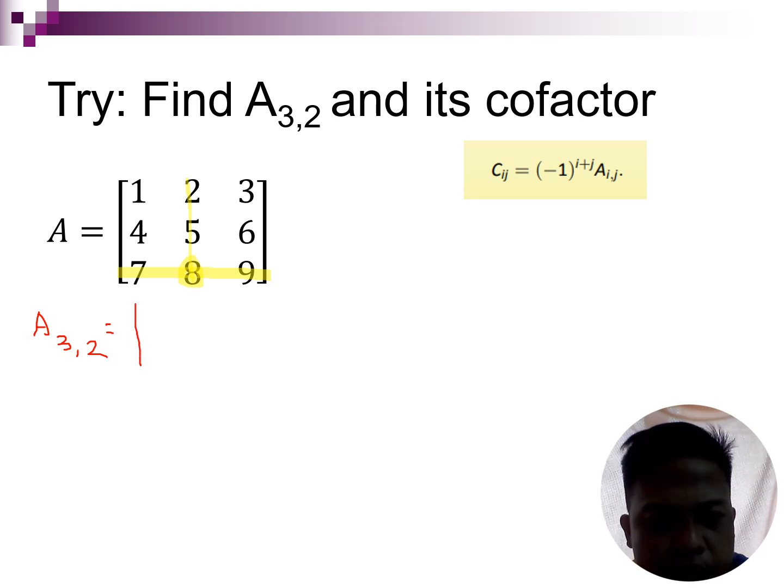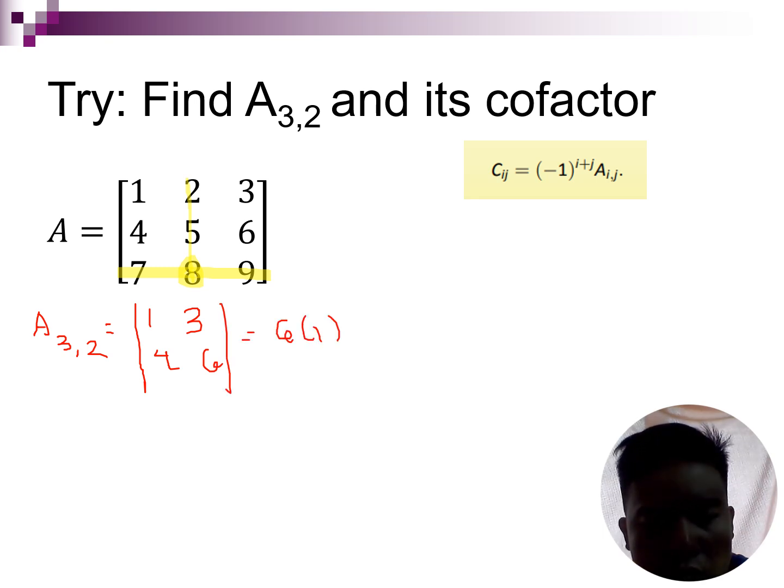So we have there the 1, 3, and 4, 6. Okay, so that will give us 6 times 1 minus 4 times 3. That is 6 minus 12, and of course that is negative 6.